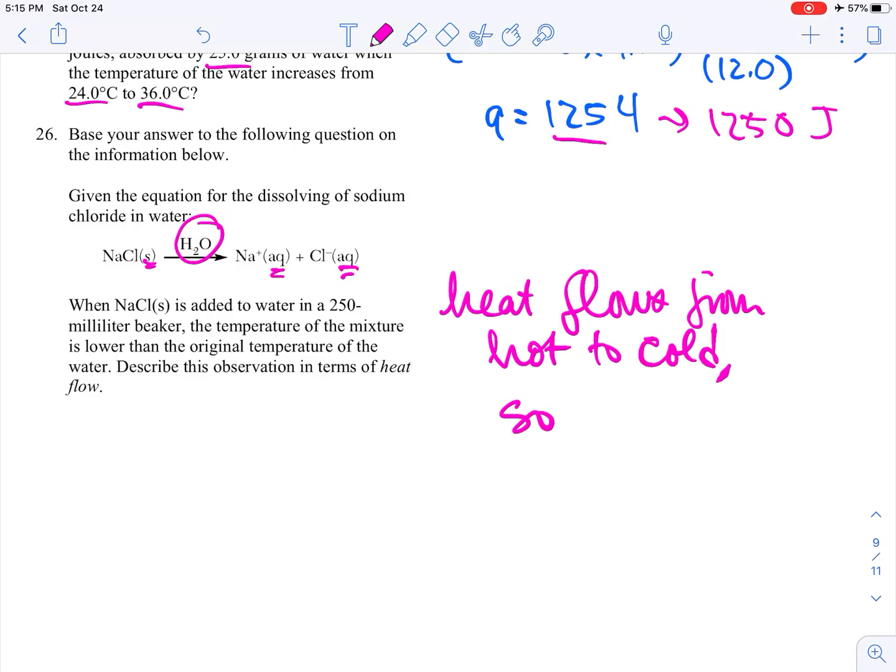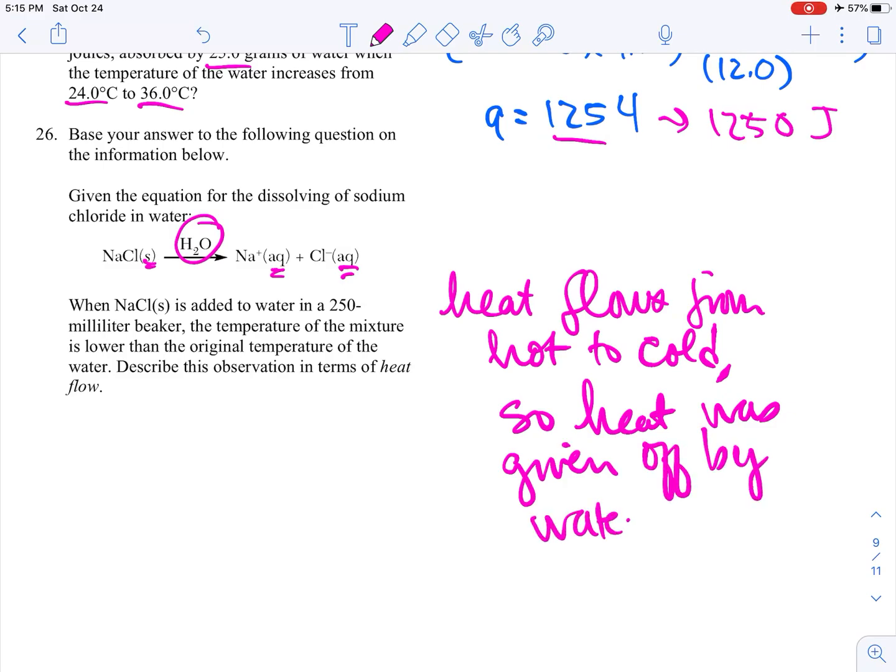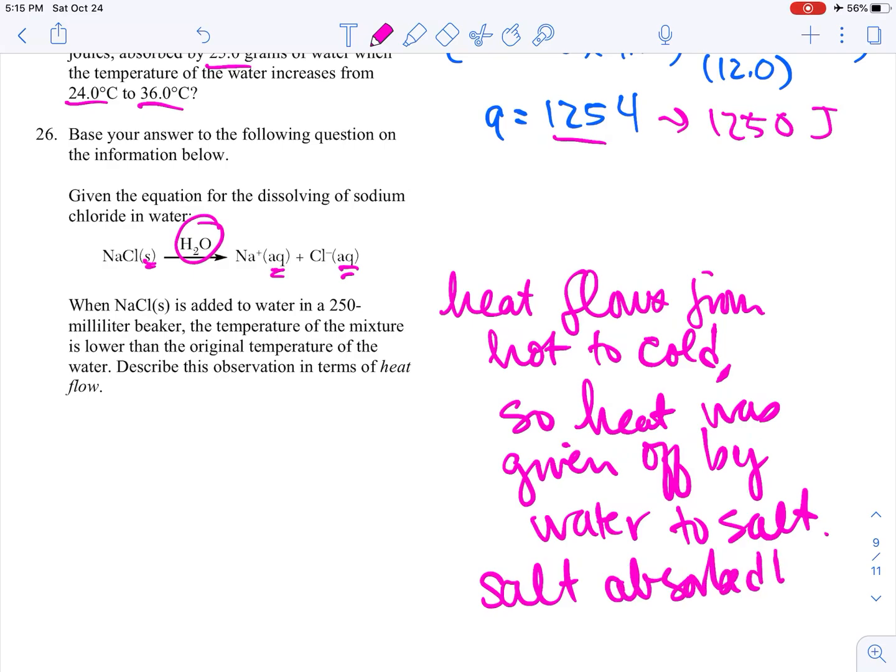So the heat was given off by the water to the salt. You can also say that the salt absorbed heat from the water. So make sure you talk about heat flow, and so I did, and we're good.